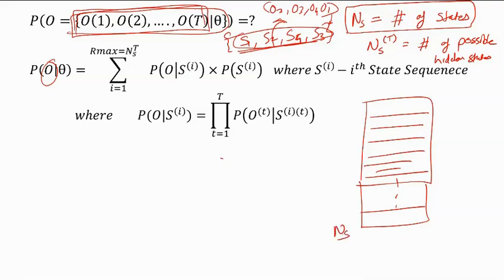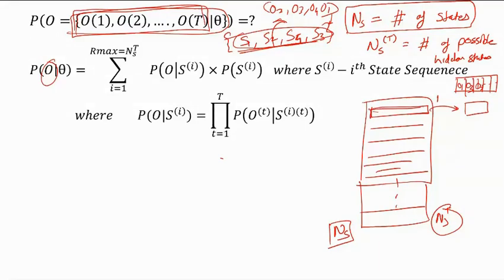Say NS is the total number of hidden states, then there are NS to the power T sequences, since I am generating a sequence of length T. I will take one sequence and find out the chance that this set of observables, say O1, O3, O5 and so on, was produced by this sequence.